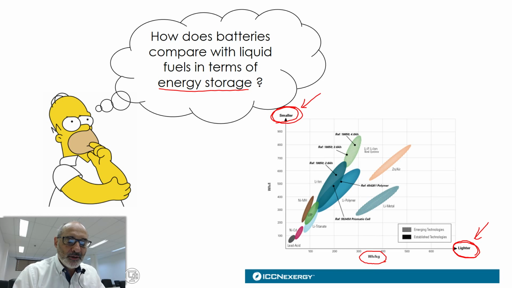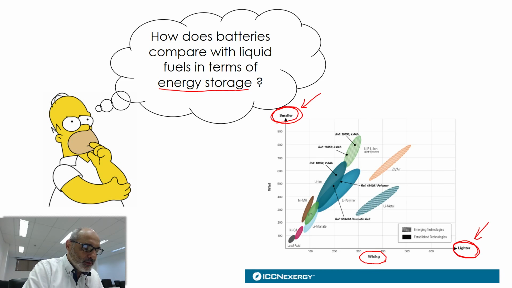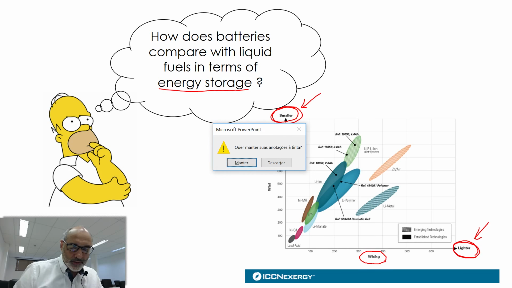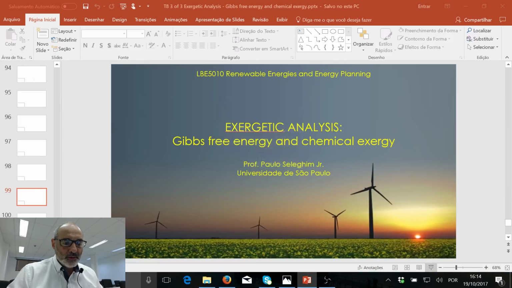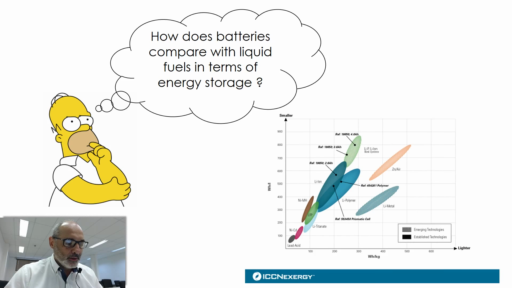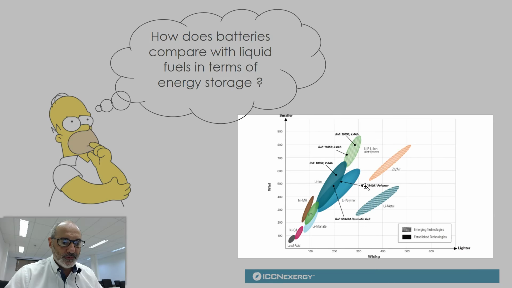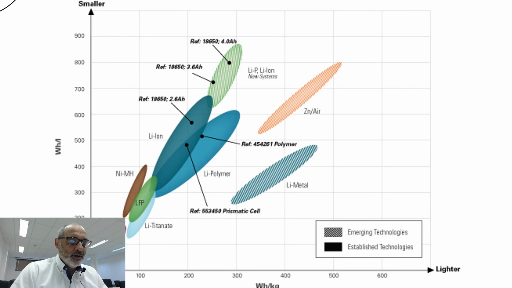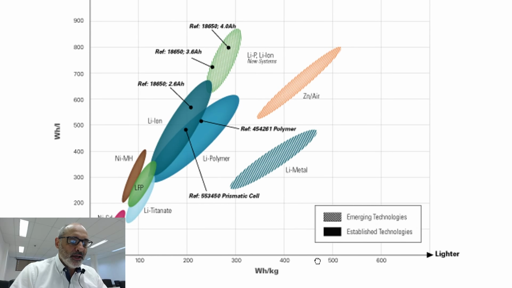Let me zoom the graph here for you. So the unit here is watt-hour divided by kilograms.